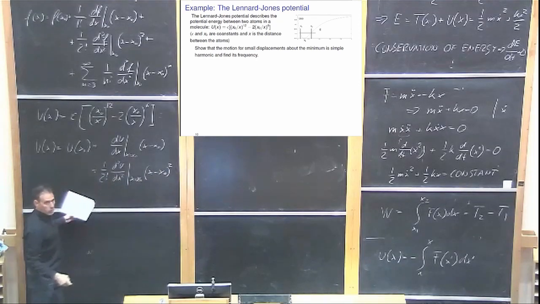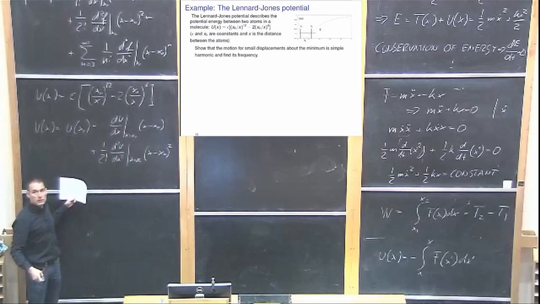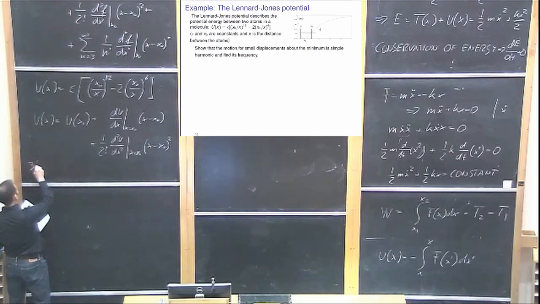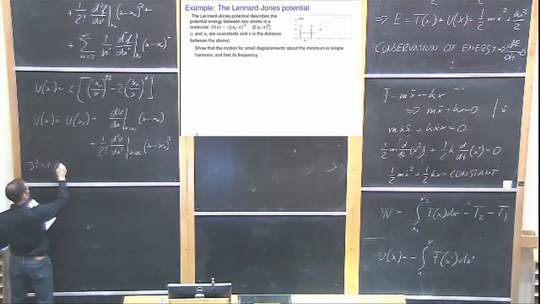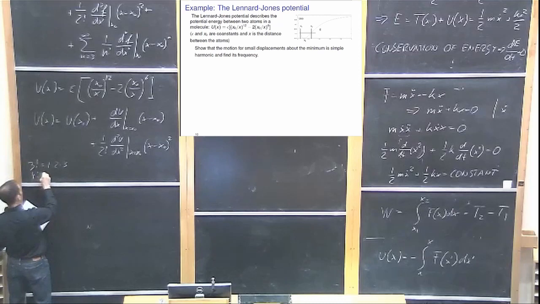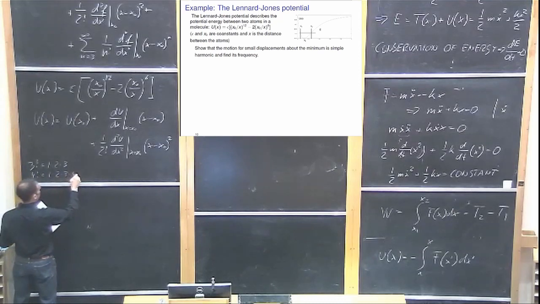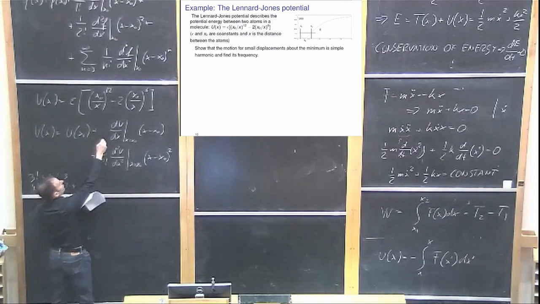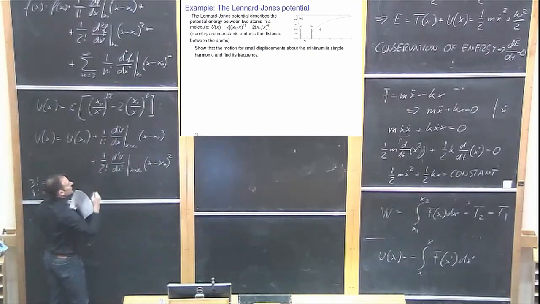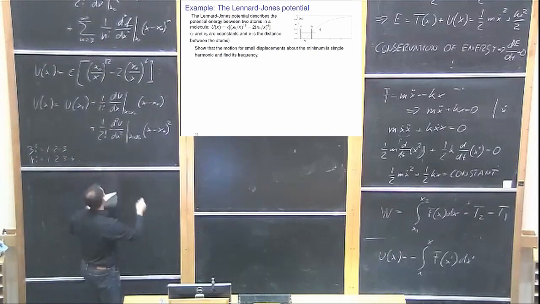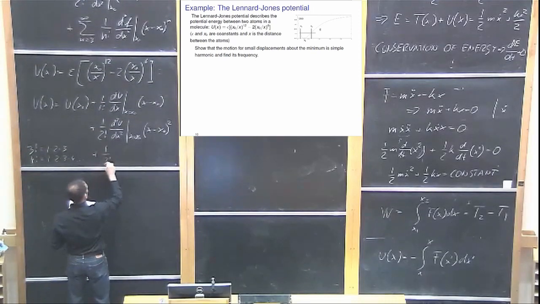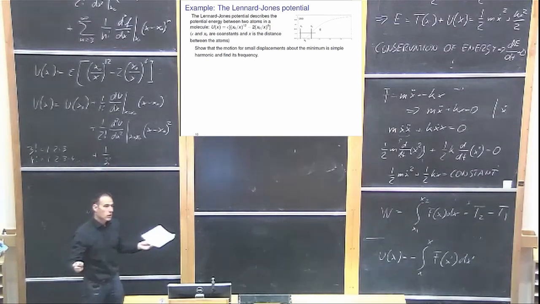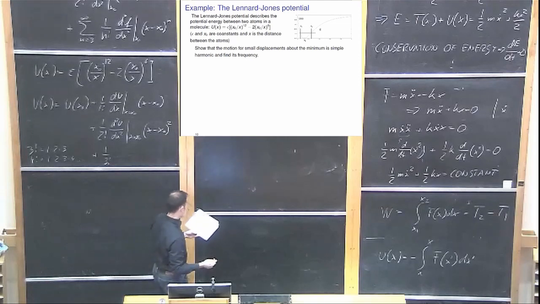A quick question, does everyone know what the factorial means? Let's take an example: 3 factorial is 1 times 2 times 3, 4 factorial equals 1 times 2 times 3 times 4, and so on. 1 factorial, I dropped the 1 over 1 factorial here, because it's just 1. Plus 1 over 3 factorial and higher order terms. If we are staying close, we can neglect the higher terms.